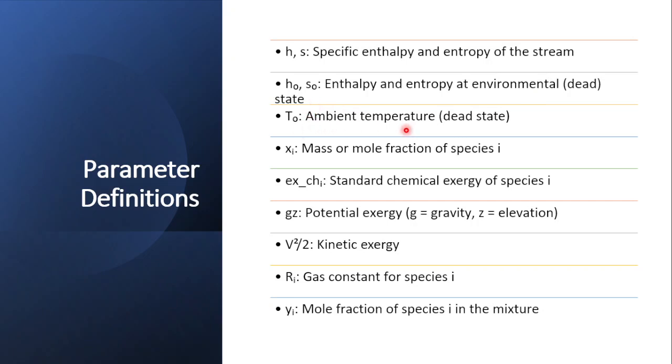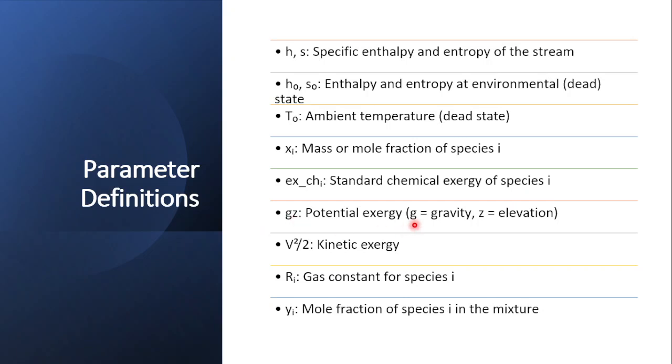T0 is the ambient temperature at the dead state. xi is the mass fraction, and yi is the mole fraction. Oh, I have a mistake here. xi is related to the mass fraction, and this ei is the standard chemical exergy of species i.